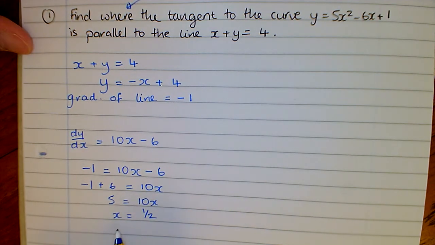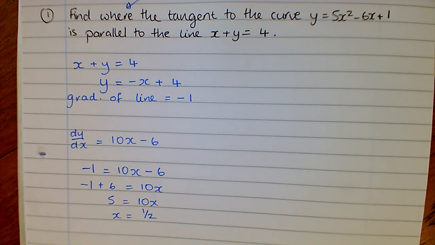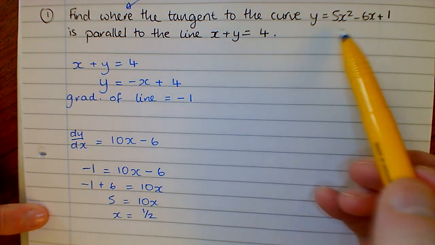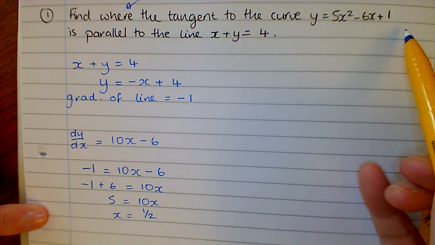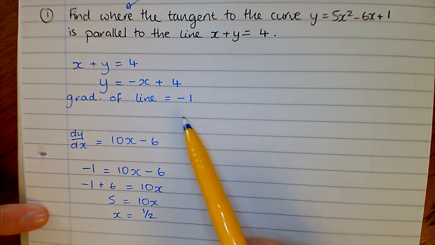So we get 5 equals 10x, so x equals a half. Now we want to find our y value, and this is where sometimes people put it into the wrong equation. We want to find the y coordinate on this curve where this tangent has a gradient of minus 1.